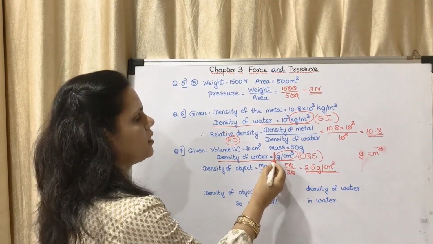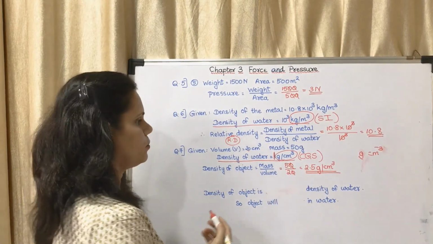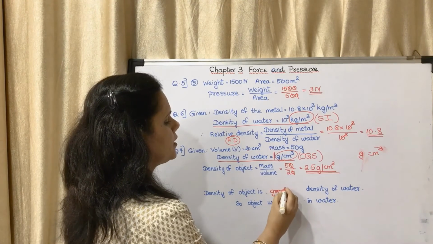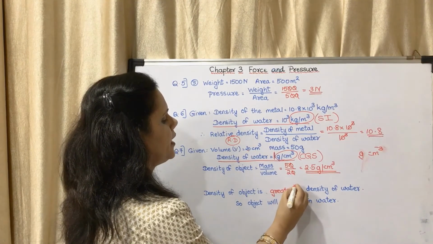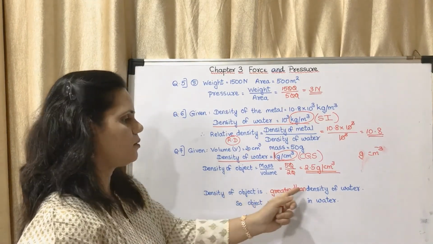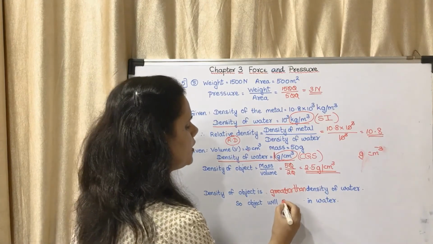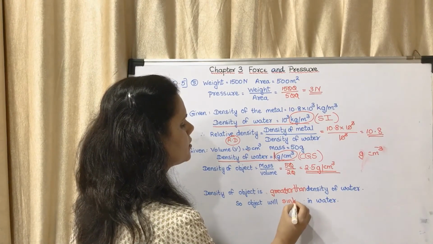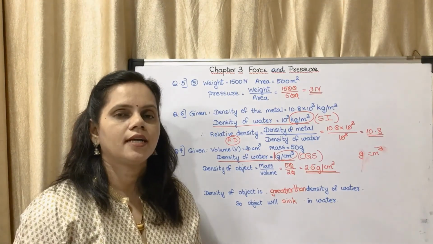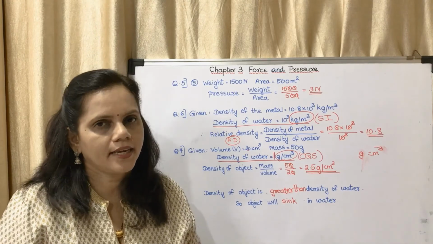Density of water is 1 gram per centimeter cube. So the density of object is greater than density of water. So the object will sink in water. So understood? As the density of object is more than density of water, it will sink in water.